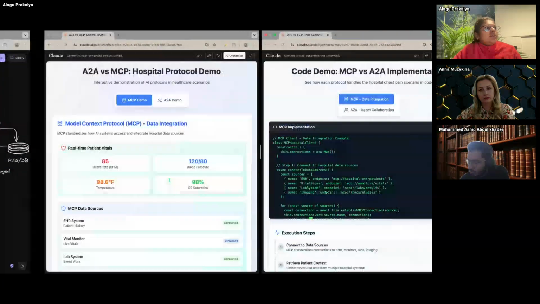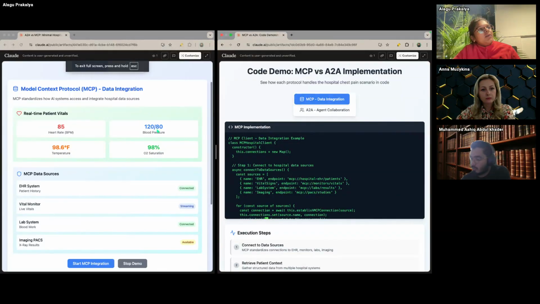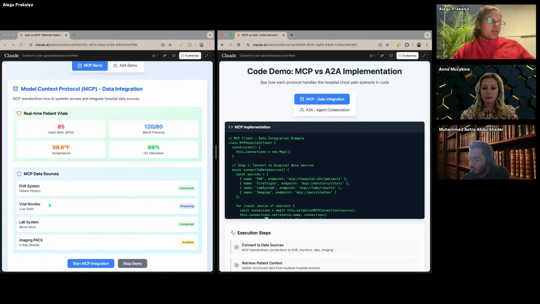If you see here, this is a higher-level overview of what MCP would have access to: the EHR system, the vital monitor system, the lab reports, the X-ray reports and everything.